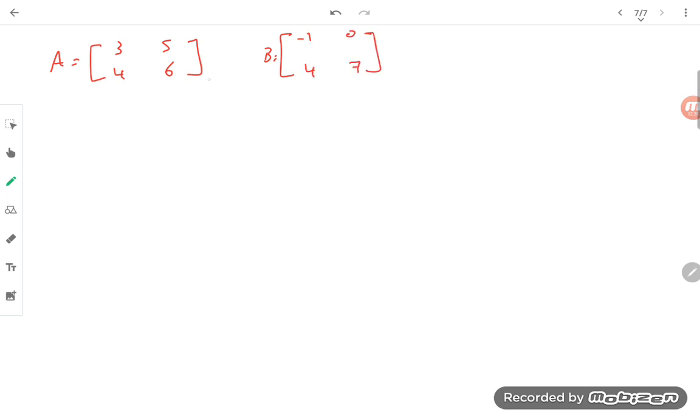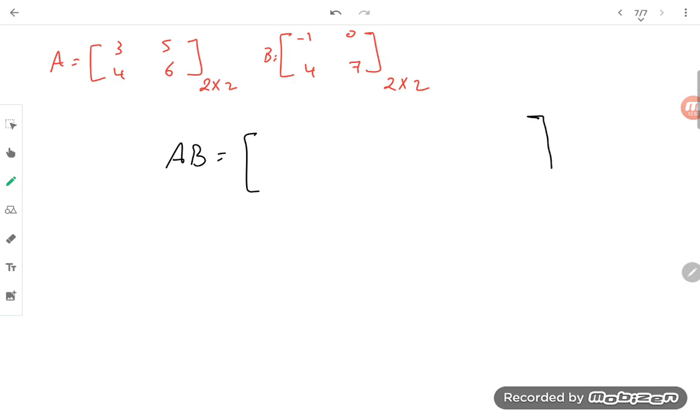We would like to multiply them together. So we are going to have a matrix AB, which is 2 by 2 matrix as well.